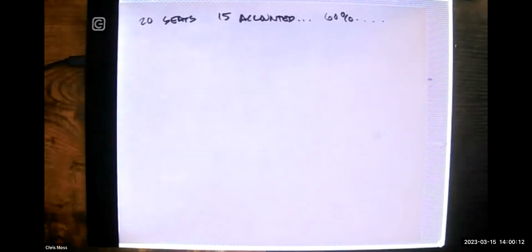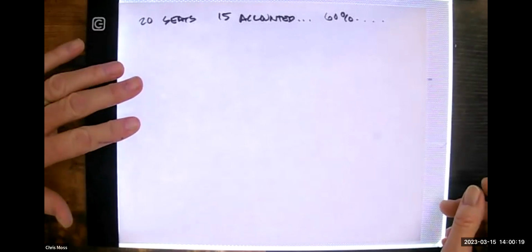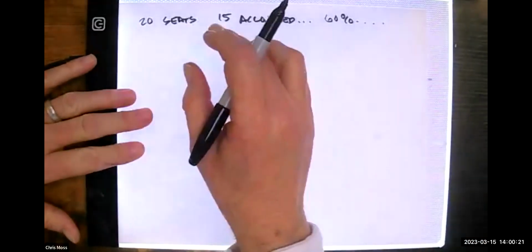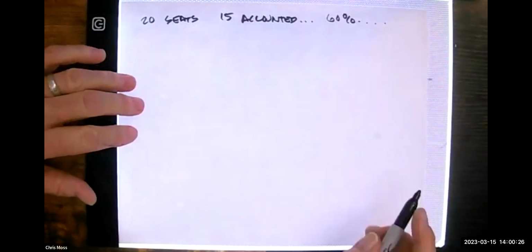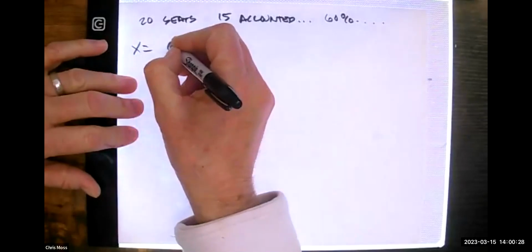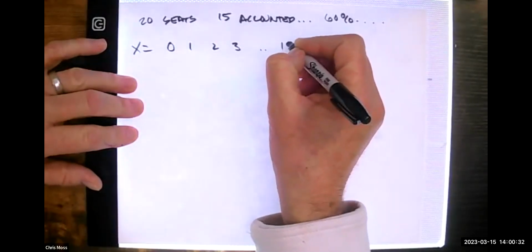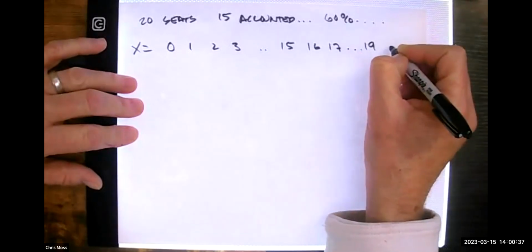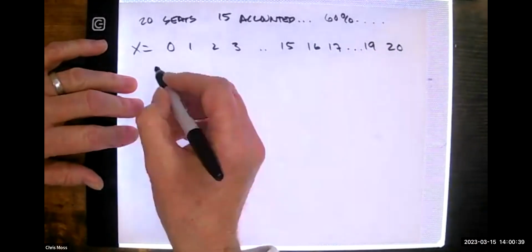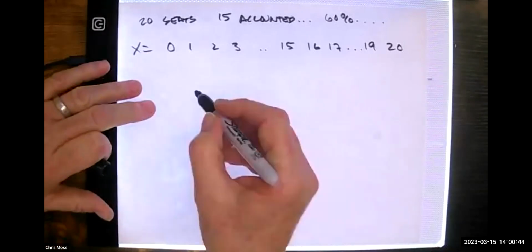So we've got to come up with a way of setting this problem up and determining what we're actually working with. Because I guarantee you it's not the 20 and it's not the 15, although the 60% is the P we use. So 0, 1, 2, 3, ... 15, 16, 17, 19, and 20. All right, so here's the way we want to look at it.